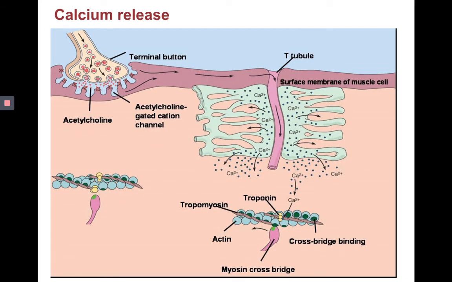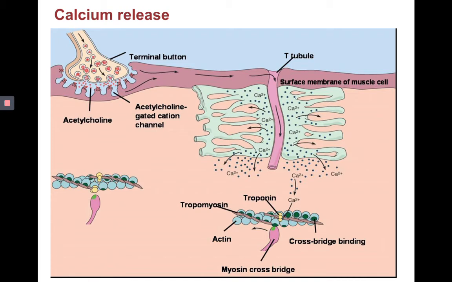So you should have noticed from that video you just watched that the action potential is able to move into the cell because of the T-tubule. Notice how they're connected. And that at the triad, where the two terminal cisternae of the sarcoplasmic reticulum are located next to the T-tubule, it is the propagation of the action potential inside the cell that opens an ion channel that allows for the release of calcium from the sarcoplasmic reticulum.